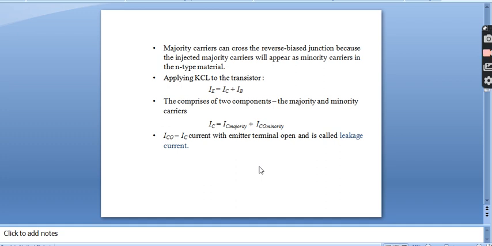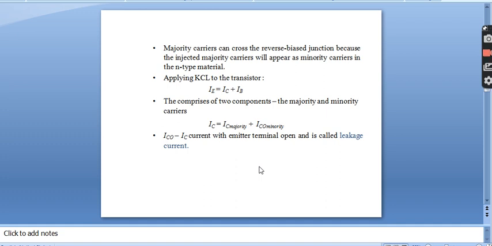That will be called the reverse leakage current, with the emitter terminal open. When the emitter terminal is open, a little amount of current will still be flowing. That little amount of current is called the reverse leakage current, or simply the leakage current. It will be denoted with ICO, and it is due to the minority carriers.